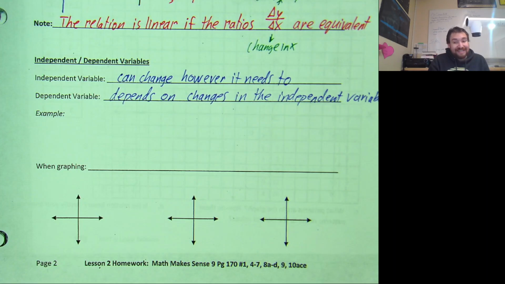So, for example, can anyone think of a relationship where one of the things is allowed to change and the other variable depends on what you've changed?